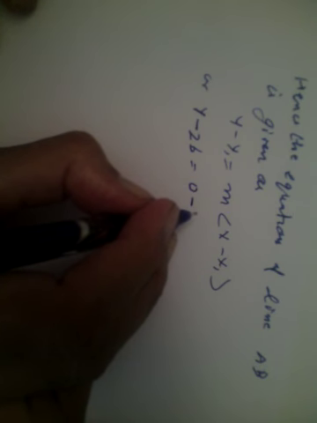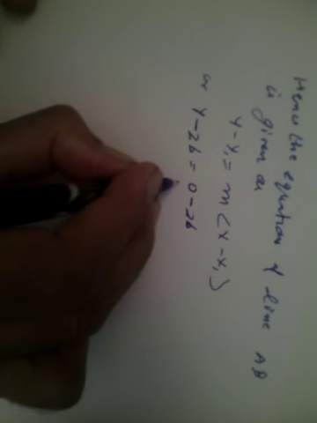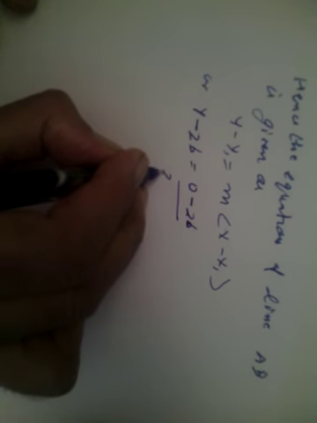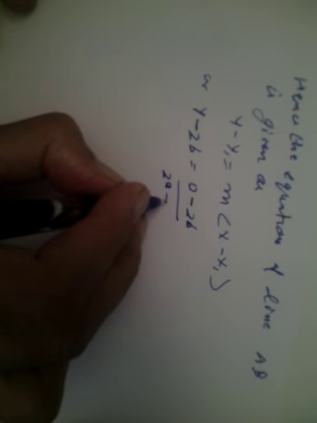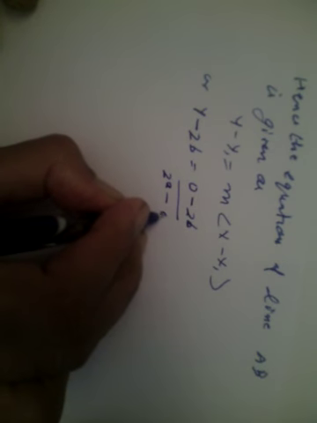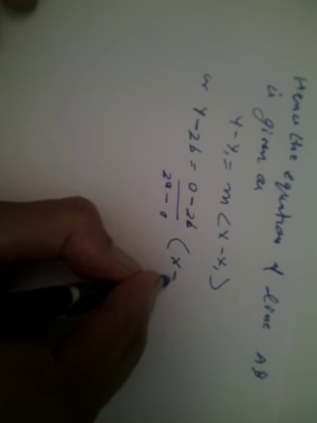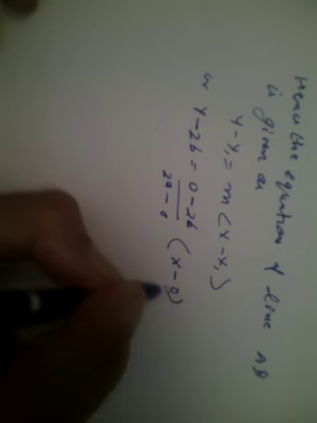y1 is 2b, divided by (x2 minus x1). x2 is 2a, minus x1, the x coordinate of point A, that is 0, into (x minus x1), where x1 is the coordinate of A, that is 0, so that is just x.